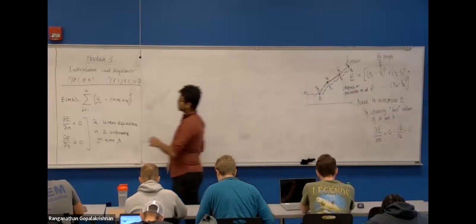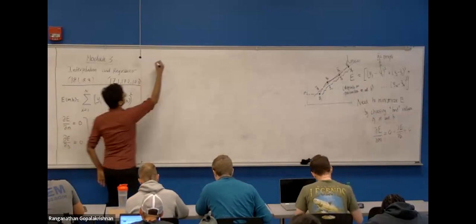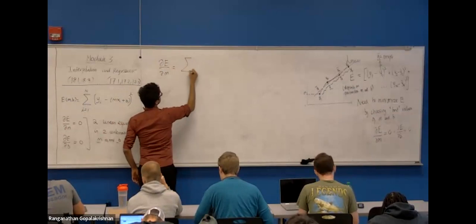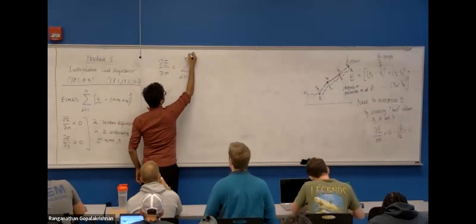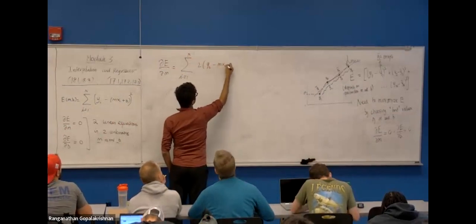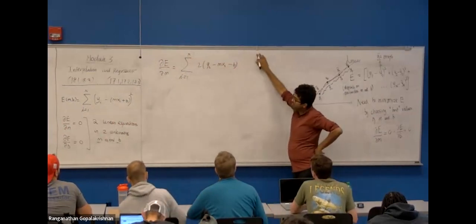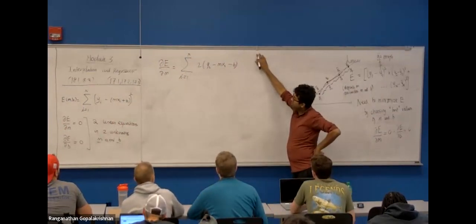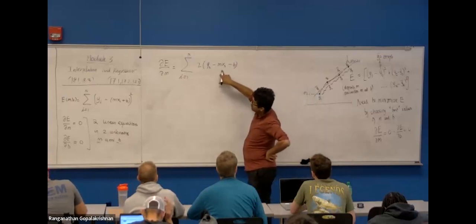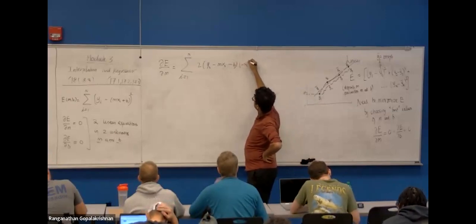So what is partial E over partial m? You can keep the summation, okay? Partial E over partial m would be summation i runs from 1 to n of 2 times (yi minus mxi minus b) times what? You should multiply by negative xi, okay?